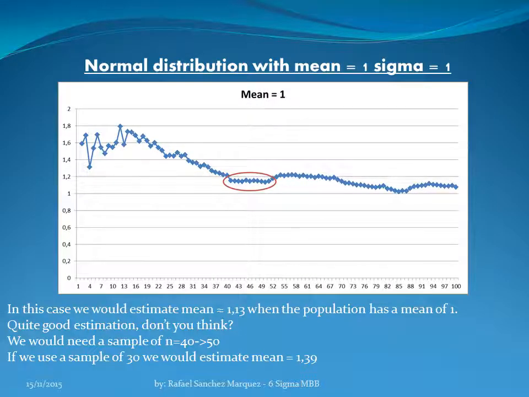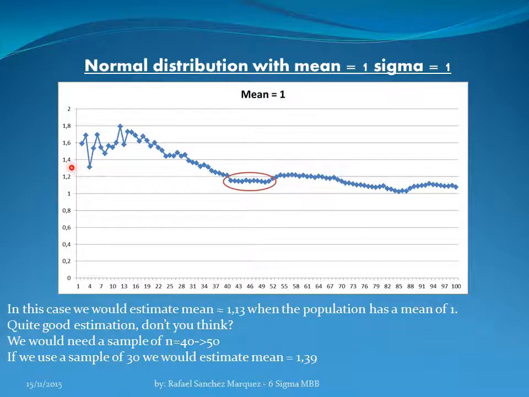To show us how it works, we have generated a normal distribution in the first example using the Excel tool that we have for these purposes, a normal distribution of mean equals 1 and standard deviation of 1 as well. So each data point we have here is calculated from all the data points that have been generated with the Excel tool.